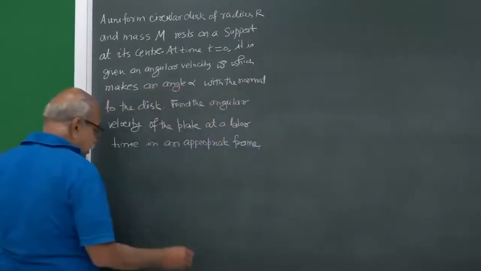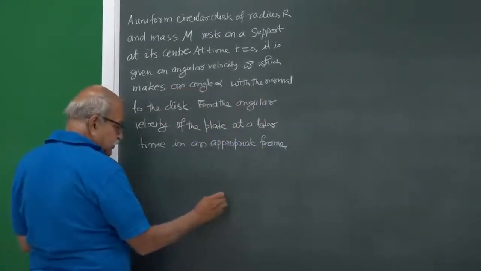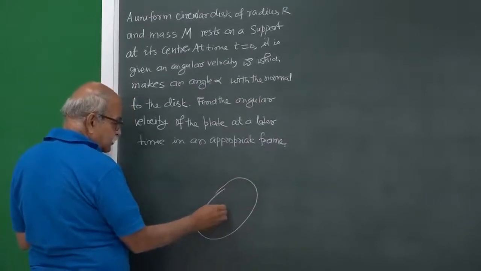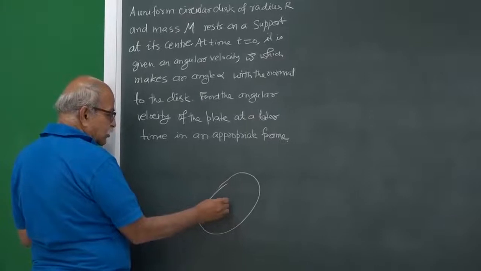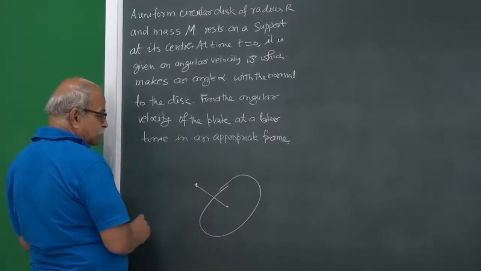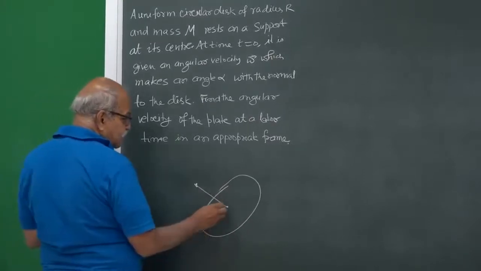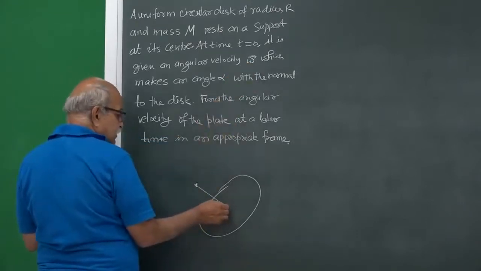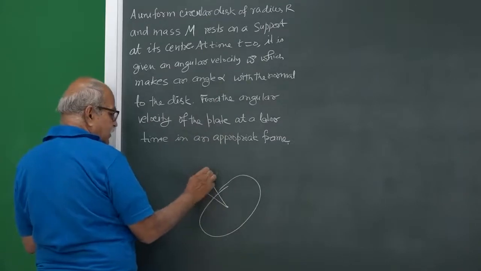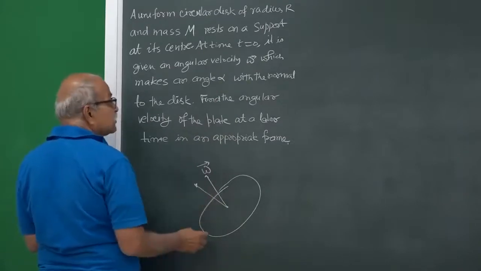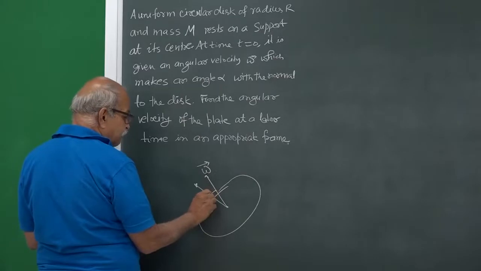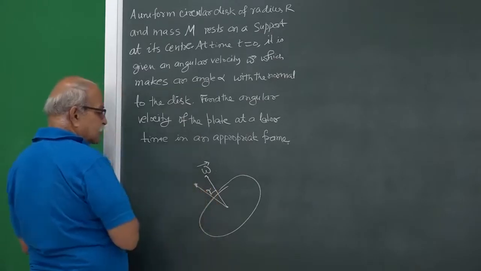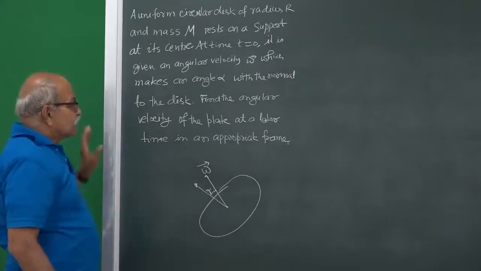You have a circular disc, and at t equal to 0, this is, let us say, the normal perpendicular, and then it is given an angular velocity omega, which is making an angle alpha with this normal. So, that is the situation.